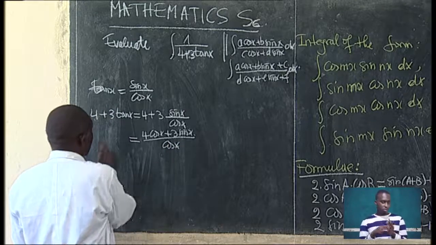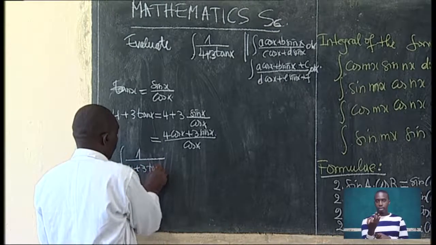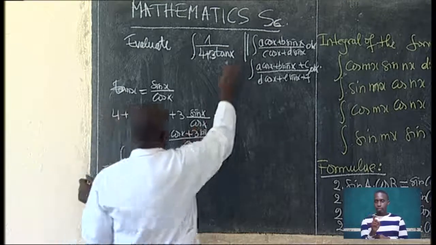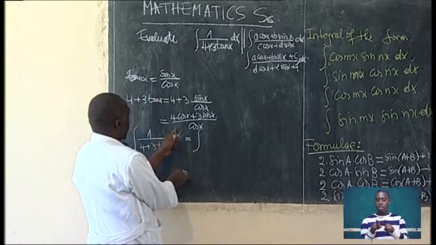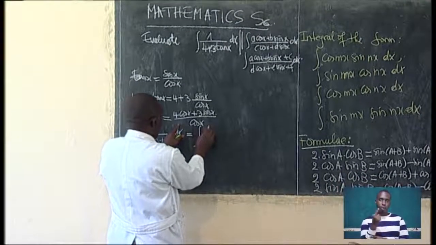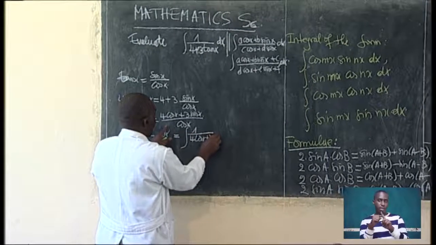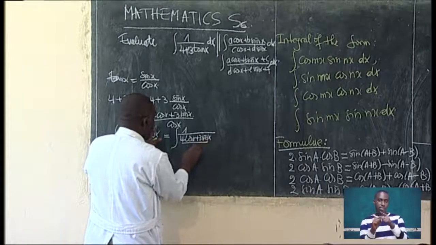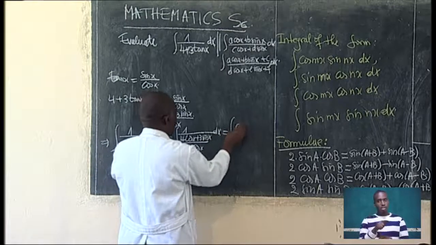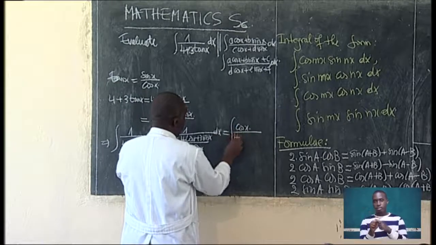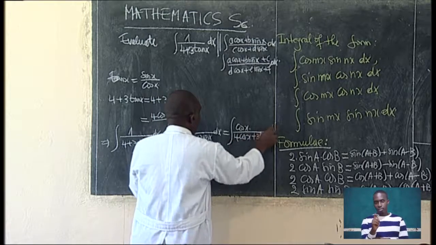Means that the integral of 1 divided by 4 plus 3 tangent of x dx is equal to the integral of 1 divided by 4 cosine x plus 3 sine x divided by cosine x dx. Means that you have the integral of cosine x divided by 4 cos x plus 3 sine x dx.